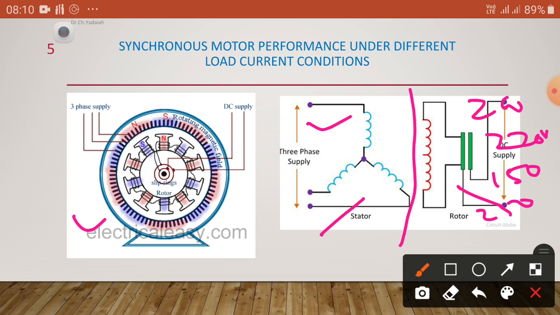If more than 220, that may be 280 volts, what will happen? By changing the input excitation to the rotor through the slip rings, how the performance of the stator, that is the armature current and power factor, changes, we are going to observe in this class.